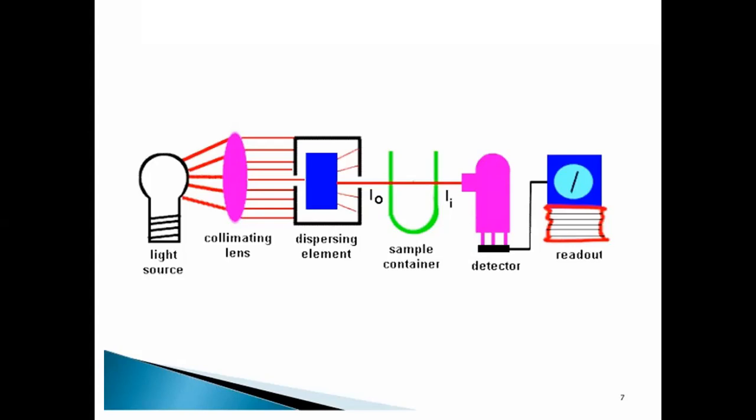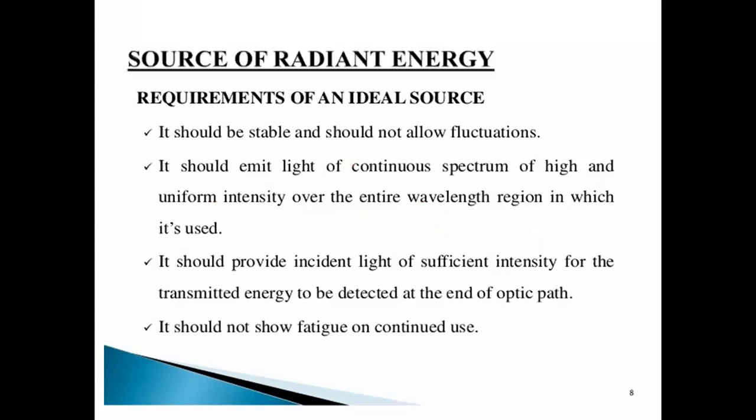Then light passes through the sample holder, where absorption, transmission takes place, and the same light is detected by the detector system, and then the signal generates, and the signal gets recorded on the recorder and plotted as a graph. This is a simple instrumentation of UV visible spectrophotometer.